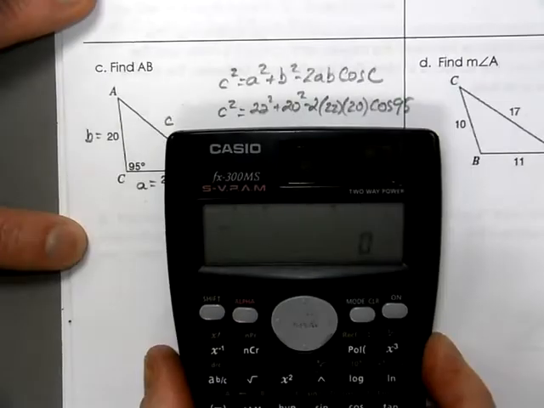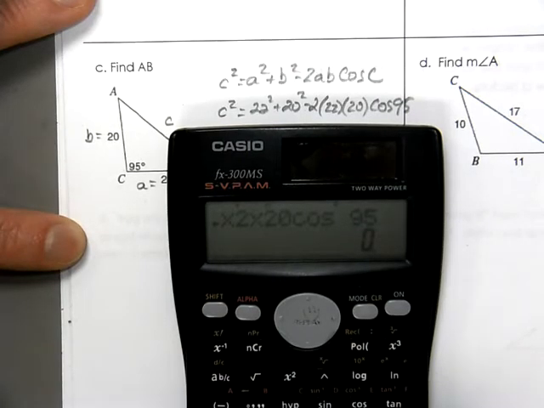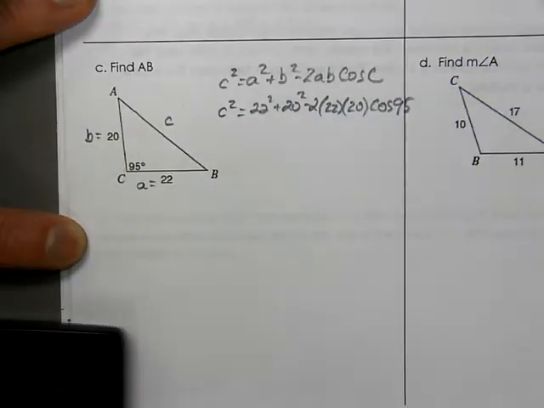So we'll bring in our calculator and type in 22 squared plus 20 squared minus 2 times 22 times 20 cosine of 95.